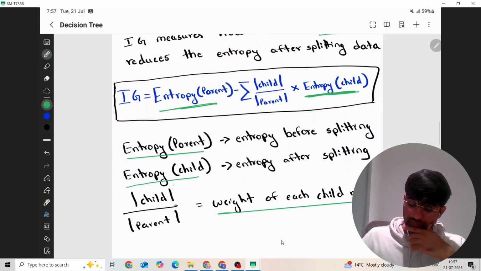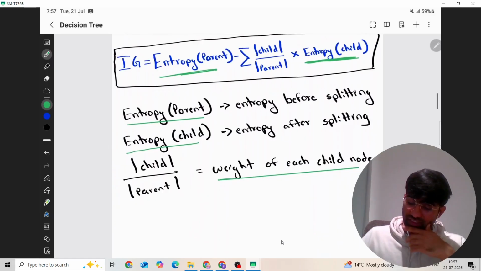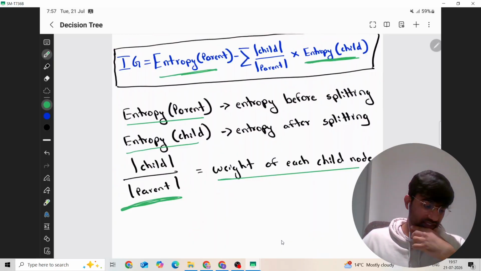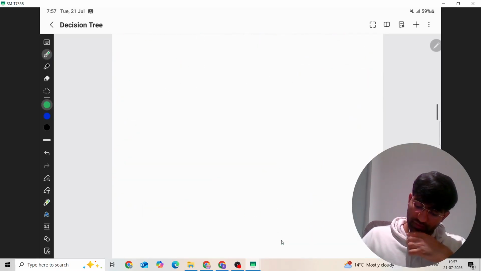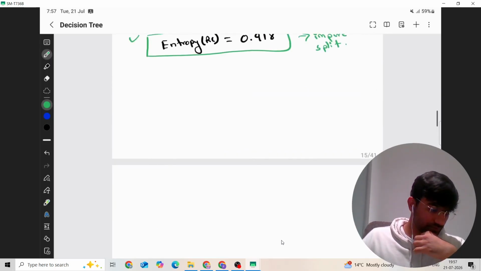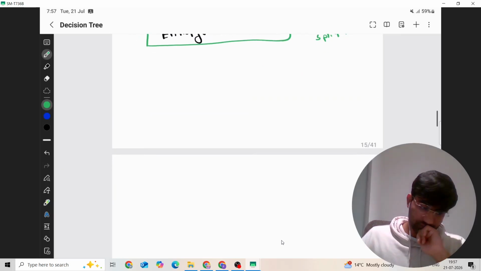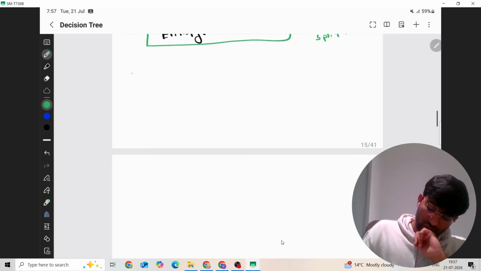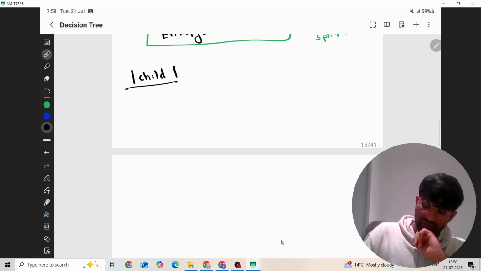Entropy of parent and entropy of each child, and the weight of each child node. We have to calculate this as well, right? The weighted child entropy. Now we are making the calculation of this term, child by parent.